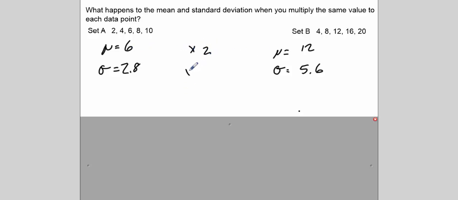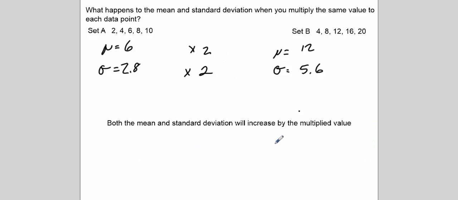And you'll also notice that in this case, because the spread away from that number got bigger, it also increased the average distance away. Whereas before, when we added a number, those numbers were relatively in the same place, just 2 higher. Now these numbers are spread out further, and so the standard deviation is multiplied by 2 as well.